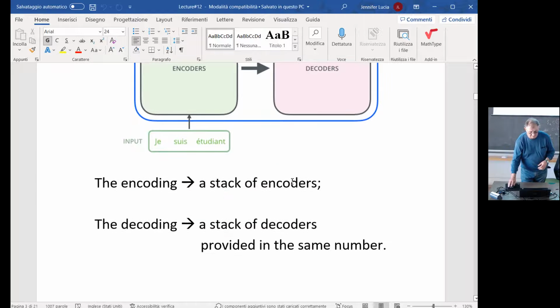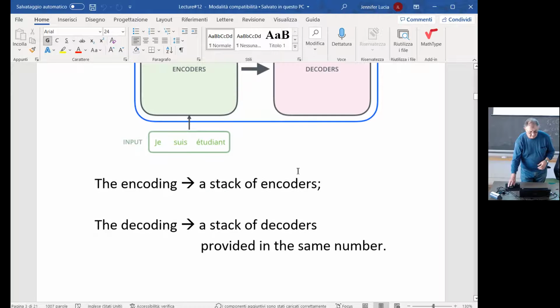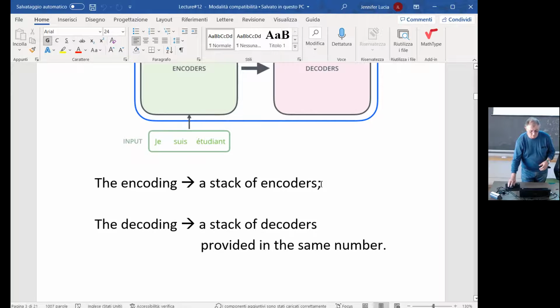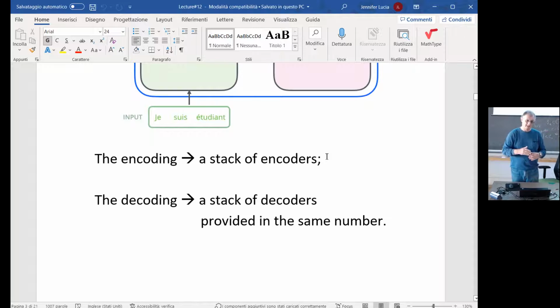So the encoders. Encoders is a stack, 1, 2, 3, 4, 5, yes, a stack. So one cell, then go to the second cell, go to the third cell, and so on. A stack of encoders. Encoders is some functional part of a neural net.